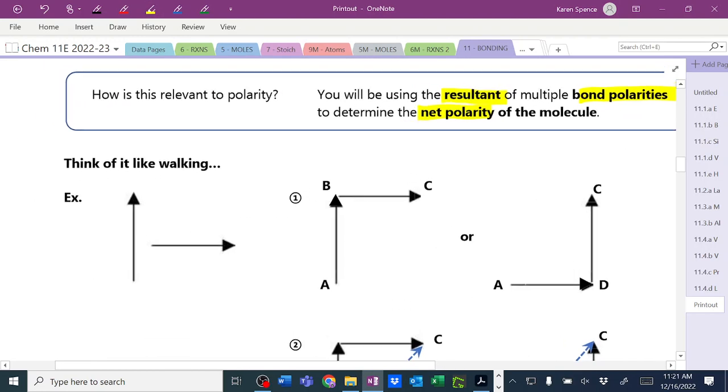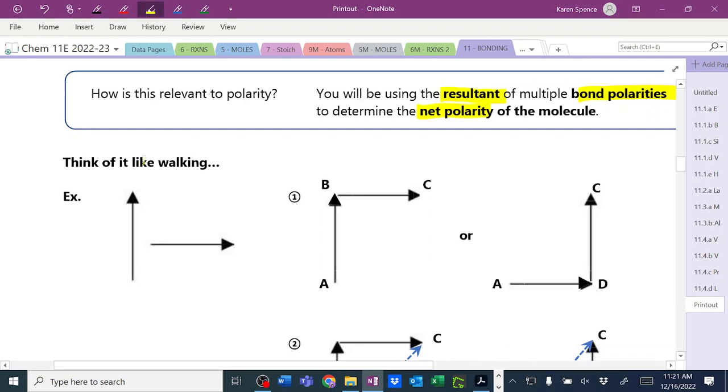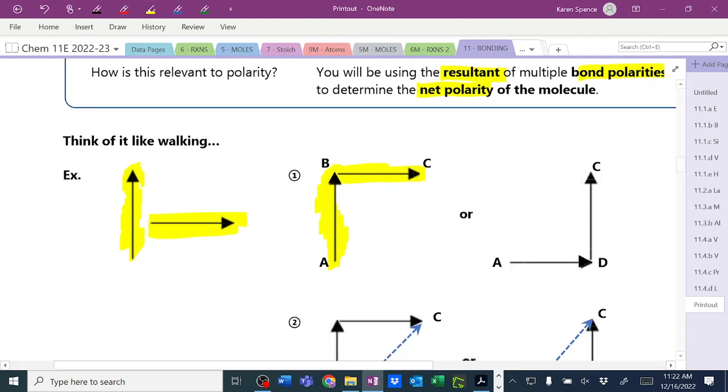So let's think of it like walking. We have a walking forward arrow, and then we have a walking to the right arrow. So if I walk forward from point A to point B, and then I walk to the right from point B to point C, I have actually just traveled from A to C, yes?